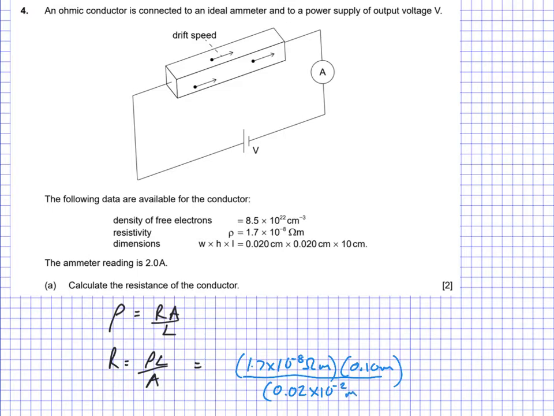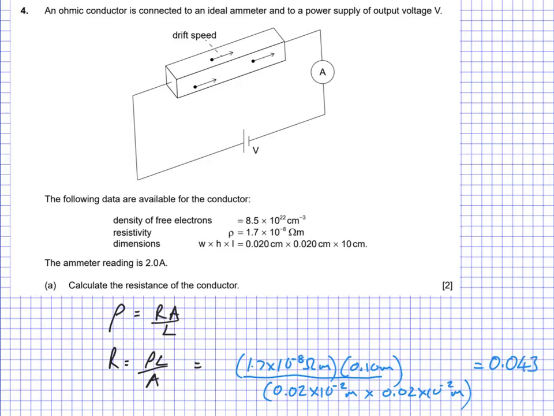And that's going to be times the same thing because it's a square surface area, times 2 times 10 to the negative 2 meters. And if I plug all that in, that's going to give me my answer, which is 0.043.